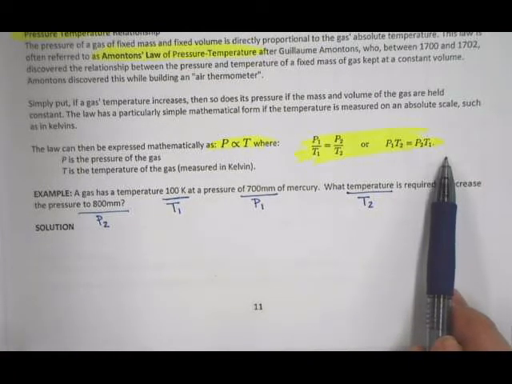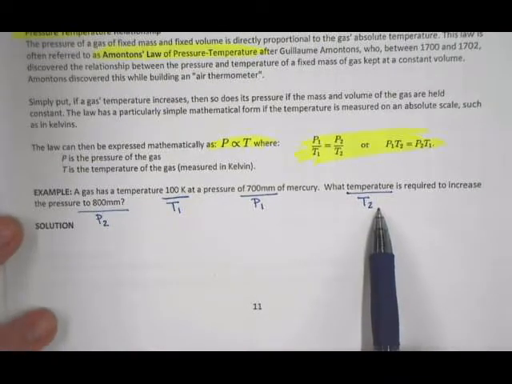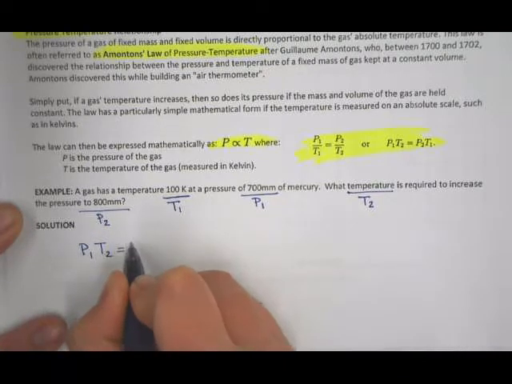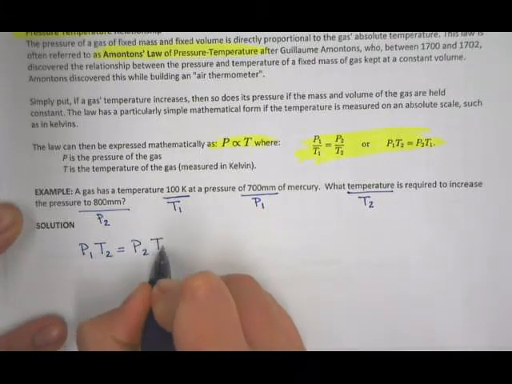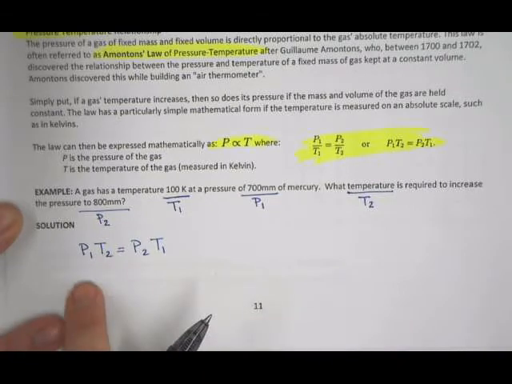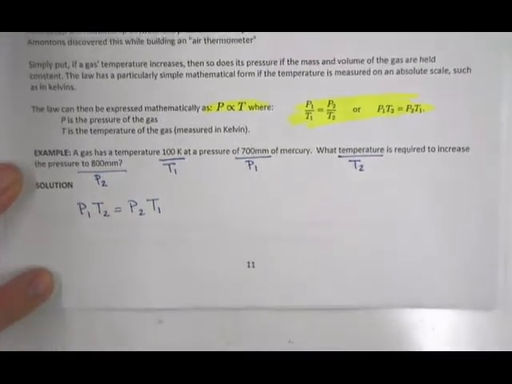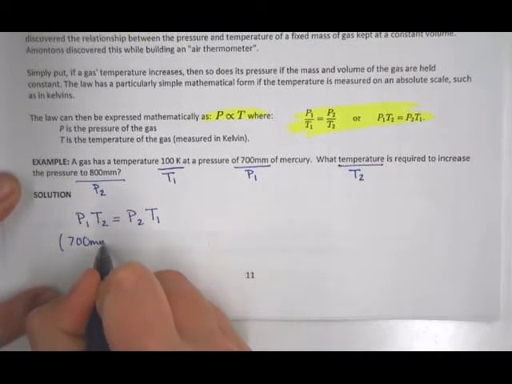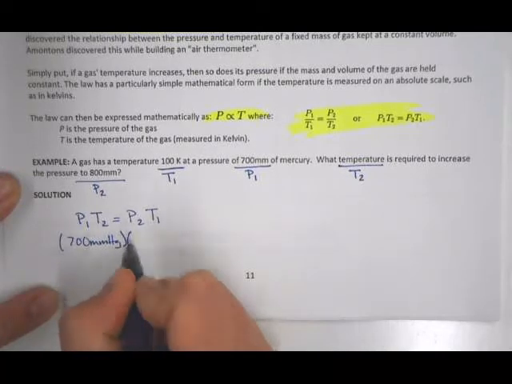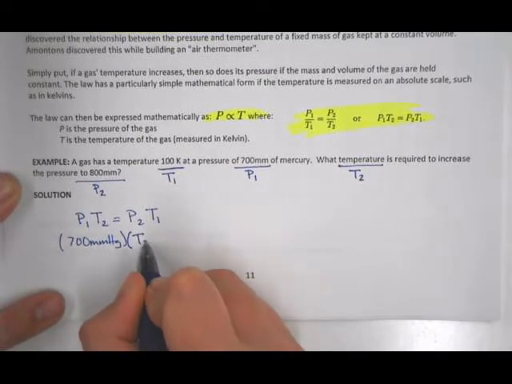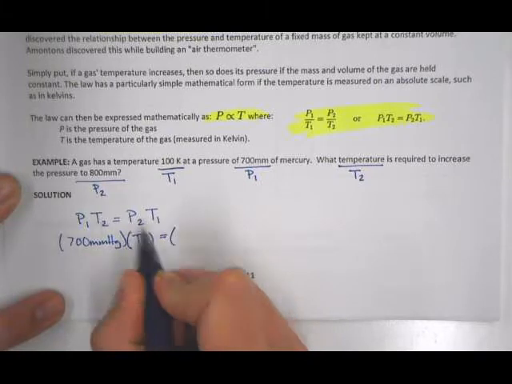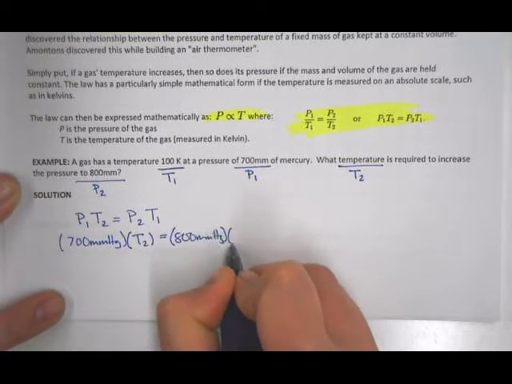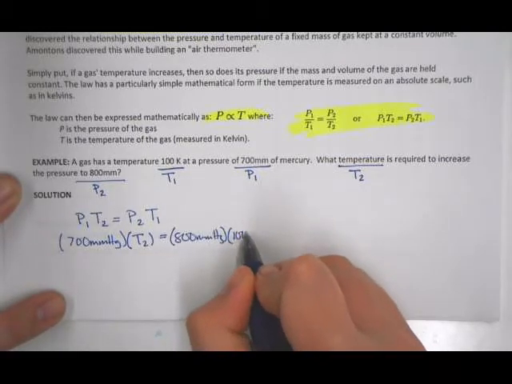I'm going to write my equation: pressure 1 times temperature 2 equals pressure 2 times temperature 1. Notice that the 1's and 2's are opposite in this case. Now I need to carefully plug them in. My pressure 1 was initially 700 millimeters of mercury, and I'm changing that into my new temperature, which I don't know. The new pressure I need is 800 millimeters of mercury, and my initial temperature was 100 Kelvin.